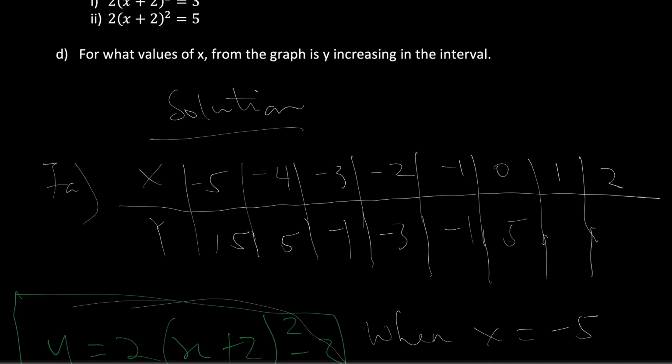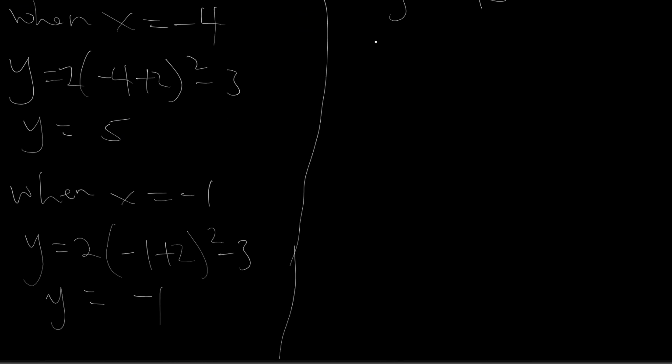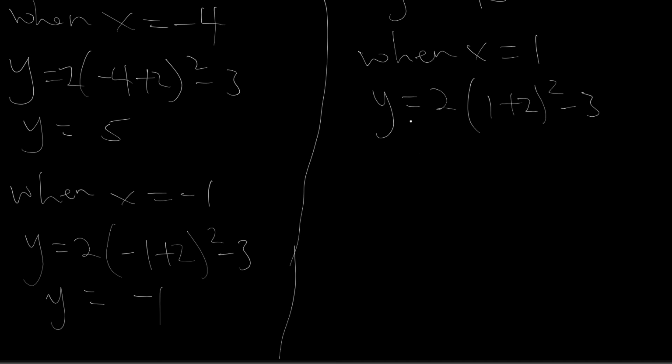Then our next value of x is 1. When x is equal to 1, y becomes 2 times bracket 1 plus 2 all squared minus 3. So y should be 15.